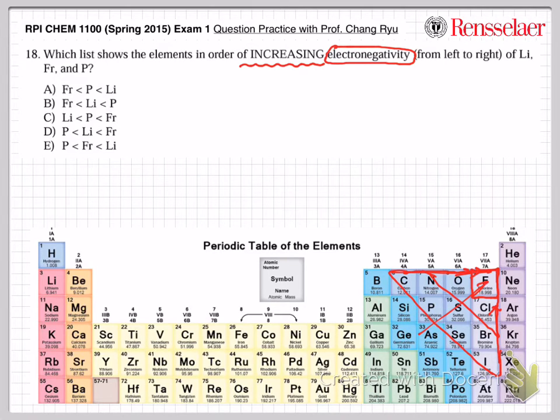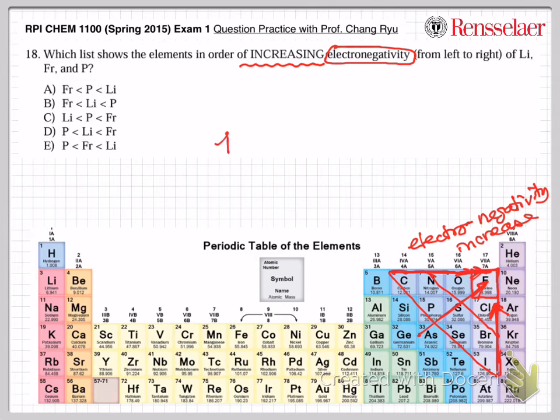So toward this direction, from left to right, bottom to top, electronegativity increases. Now look at the question.